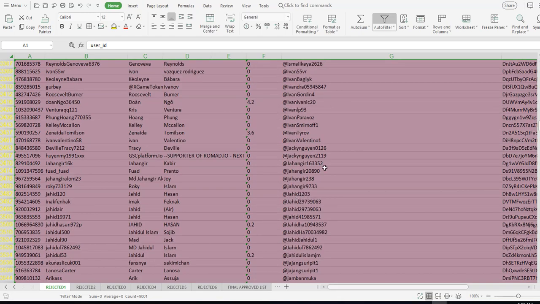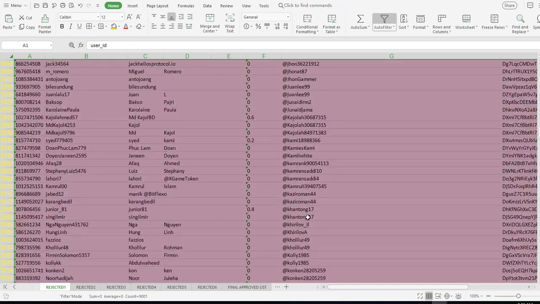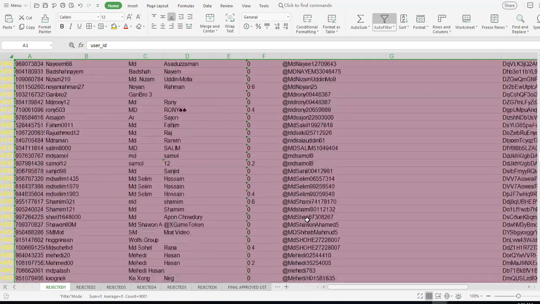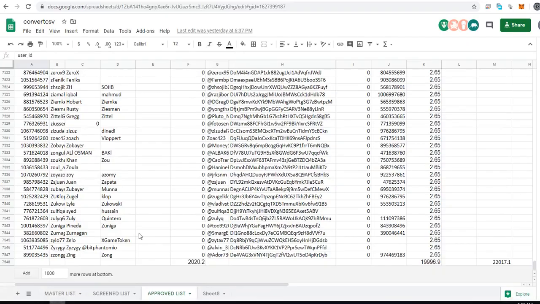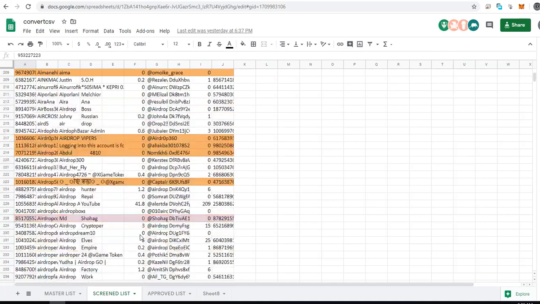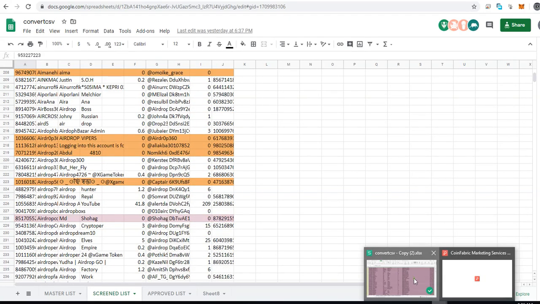So when we suspect your accounts to be having similarities, as you can see, the list is there for everyone to check. You go here and you check the screened list. Anyone that is colored might have one issue or the other, so we screen them out. Right?